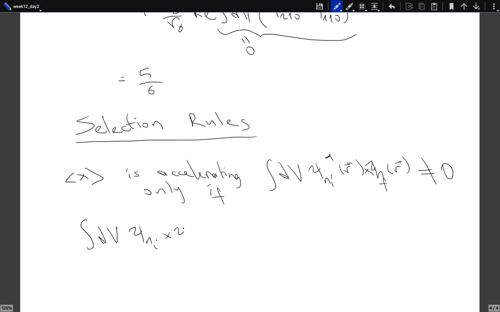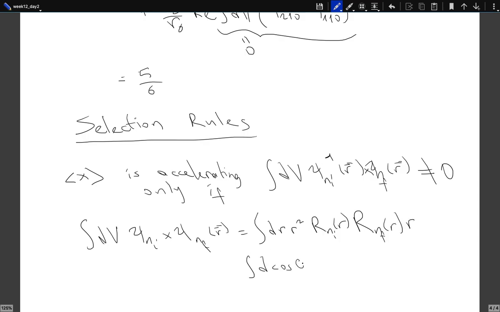You see, this integral, well, we can just separate the various components. We have the r squared, this is the radial wave function for the initial, and the radial wave function for the final state, times r.